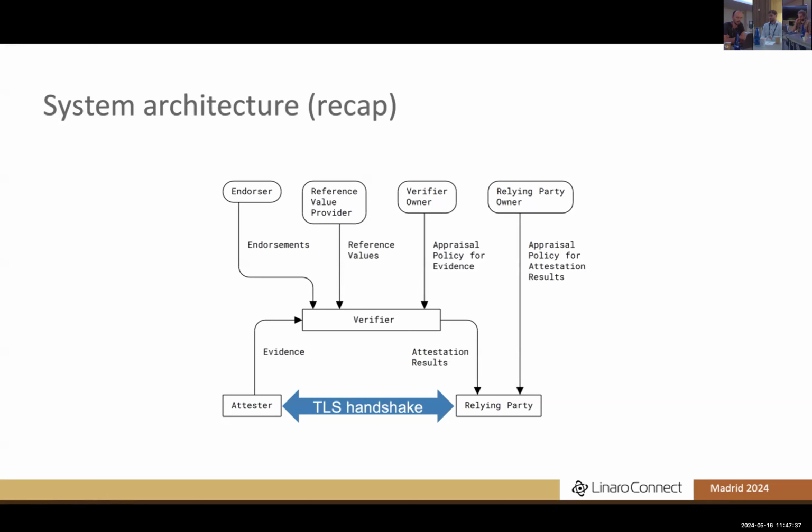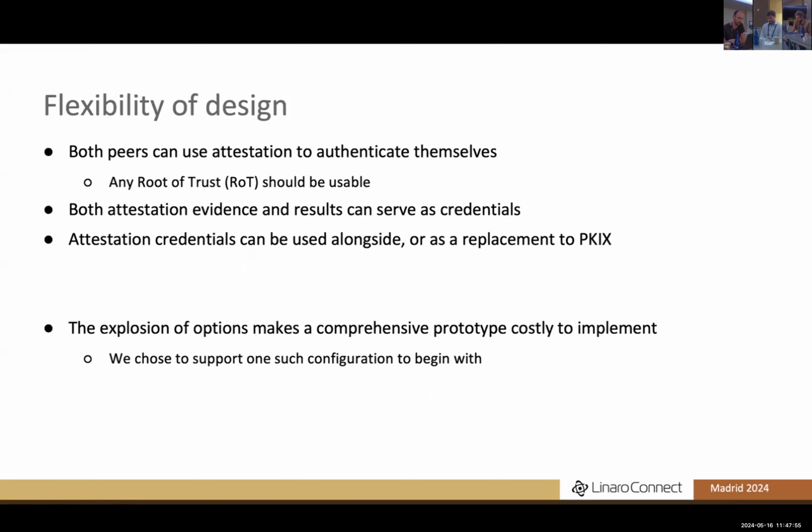For example, the ones on the upper side are not present independently, but they're included as part of some other components, and we'll dig into that in a bit. But first, let me touch upon some of the points.